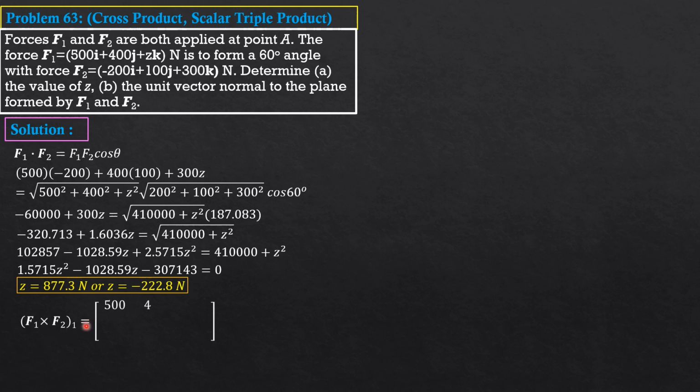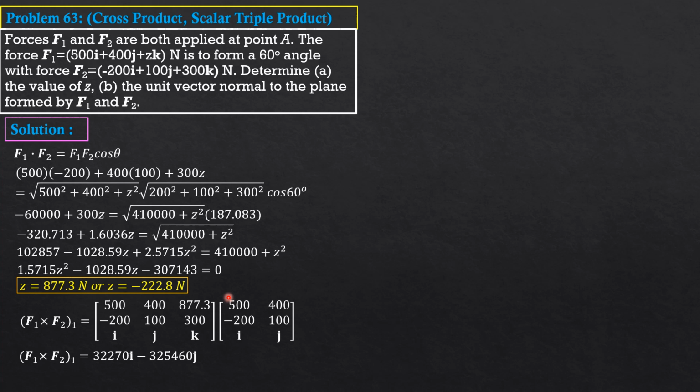A, F1 cross F2 equals the components of F1 with Z equals 877.3, components of F2, then unit vectors. Copy the elements of the first two columns, then expand: 400 times 300 I minus 100 times 877.3 is equal to 32270 I. Then 877.3 times negative 200 J, then minus 300 times 500.